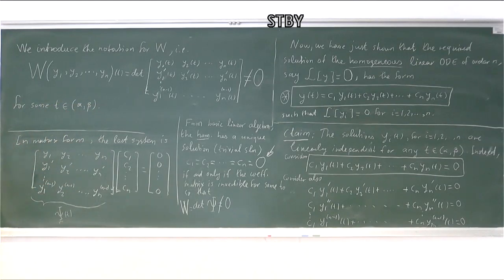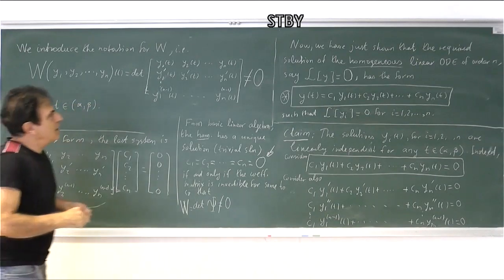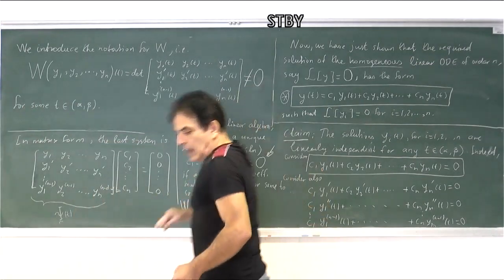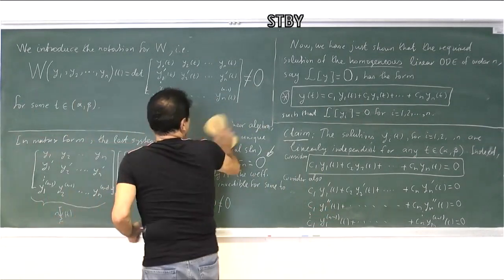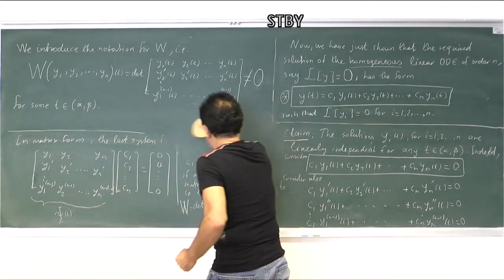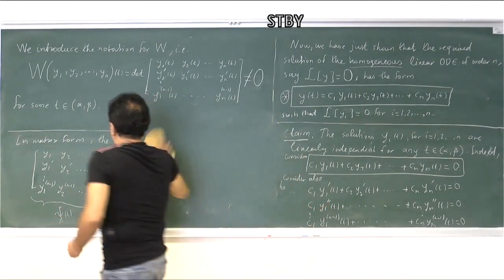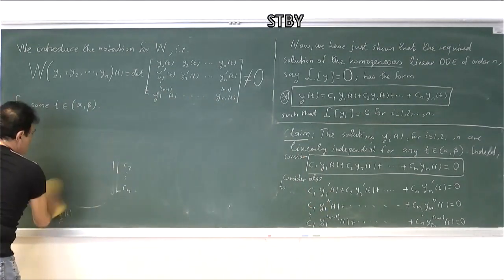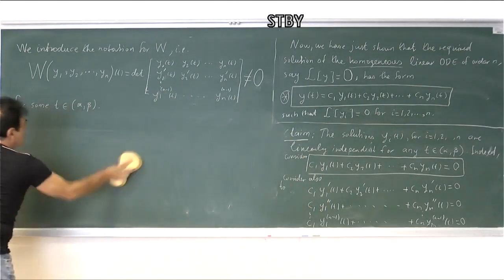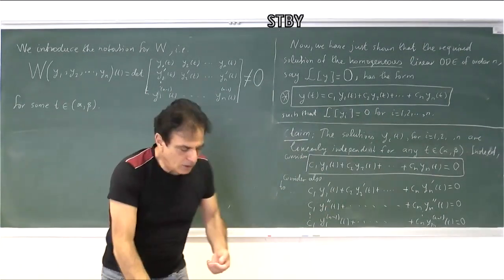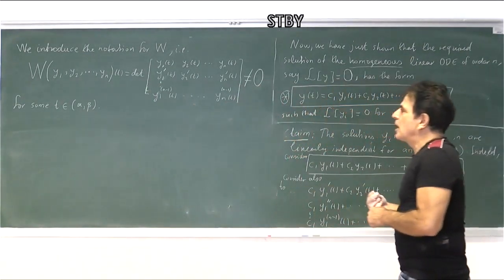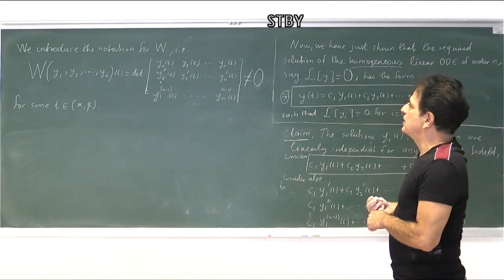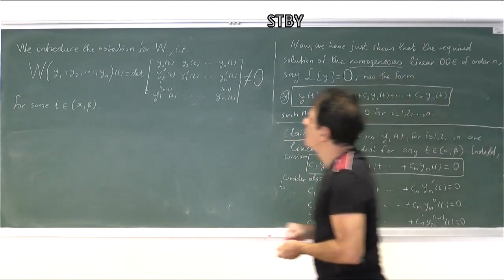So they represent a linearly independent set of solutions. I will finish the lecture giving a summary. So look, for some t in this interval.